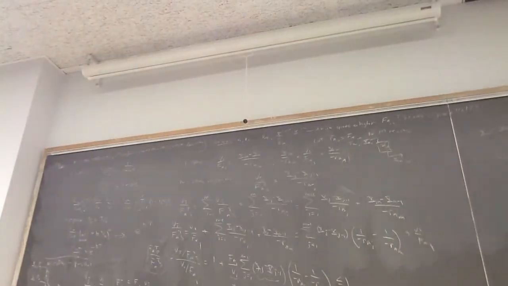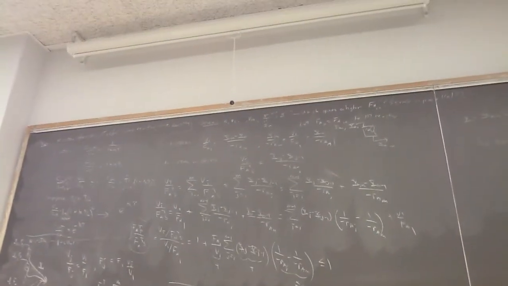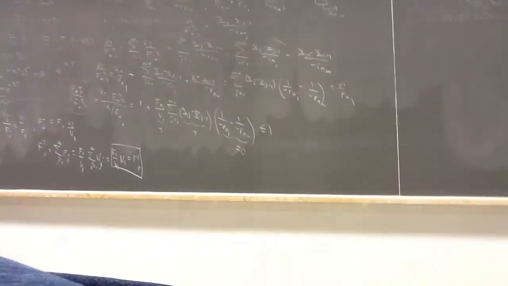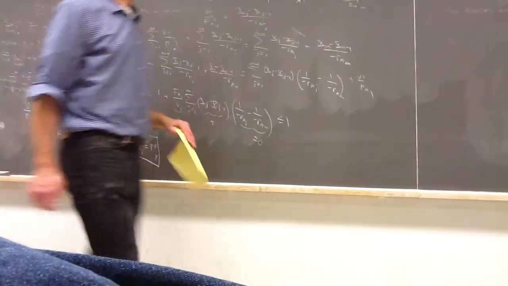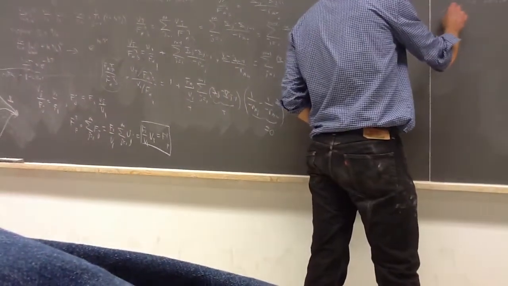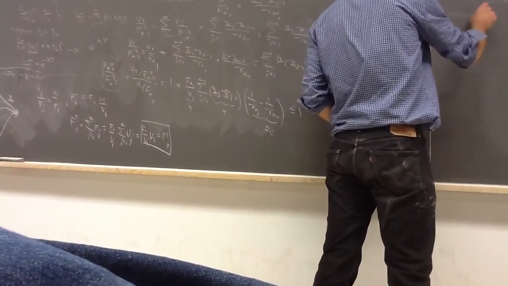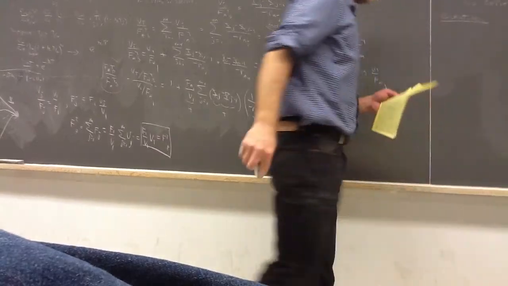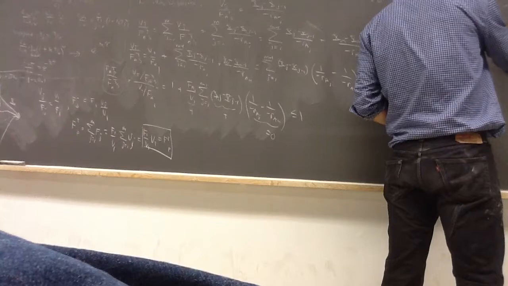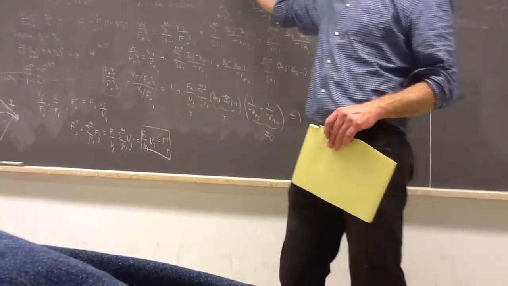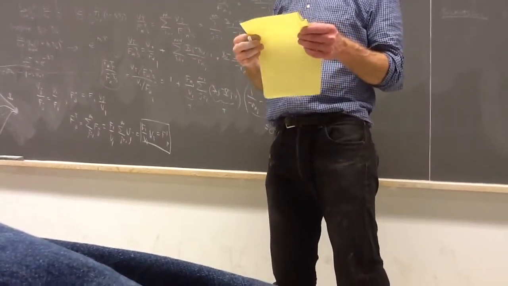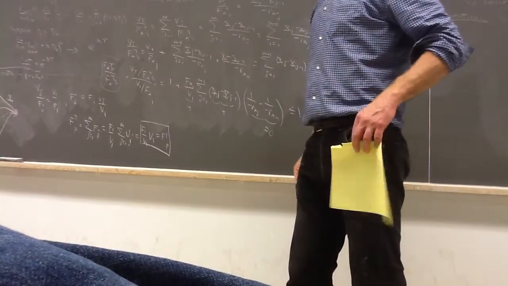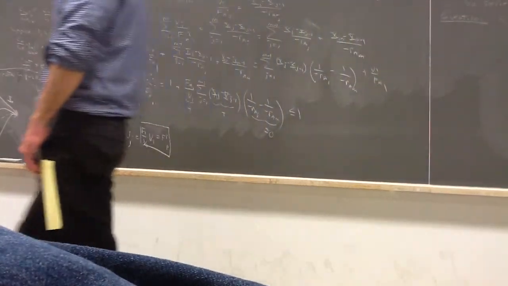Okay, let's ask another related question. In this case, we have the reactors lying around and we want to know how to hook them up. Now, let's say the reactors are not all the same size.